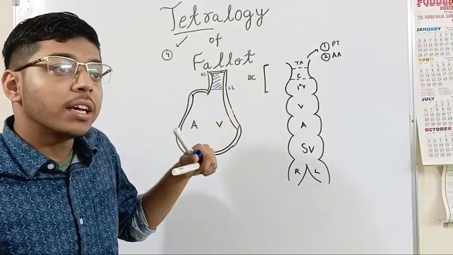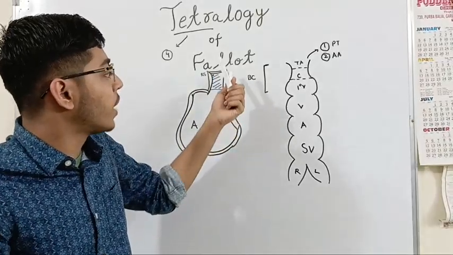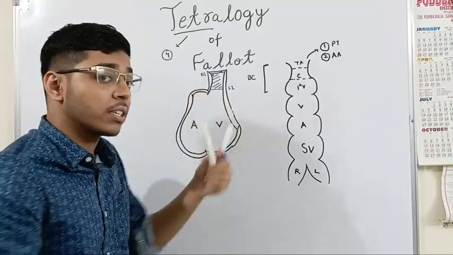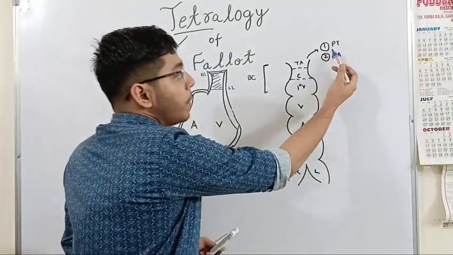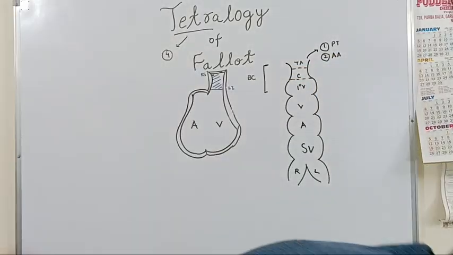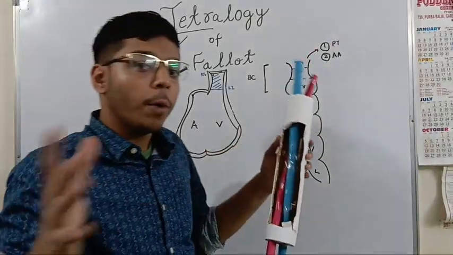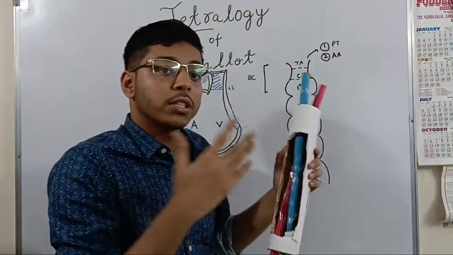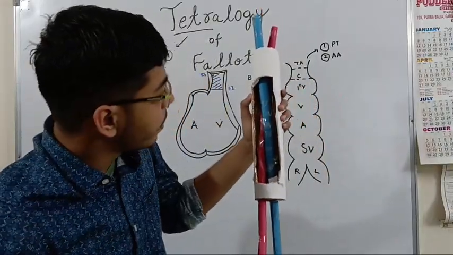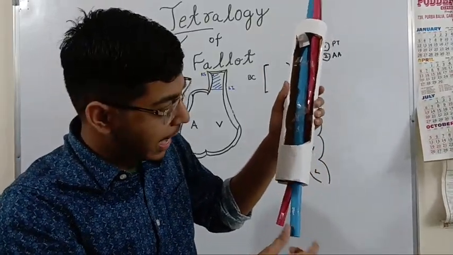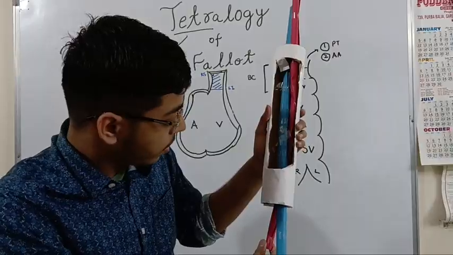As a result, there is a lot of confusion about the arrangement of the structures at several places of the spiral septum. The structures, as we know, are the primitive pulmonary trunk and ascending aorta. I have made a prop which looks like a spiral septum and shows the arrangement of the structures. Consider the blue one as the pulmonary trunk and the red one as the ascending aorta.